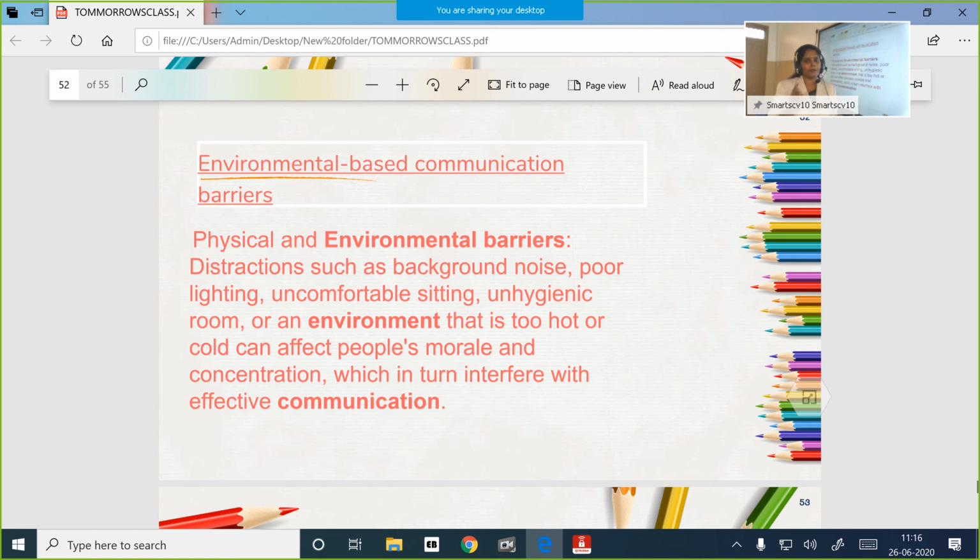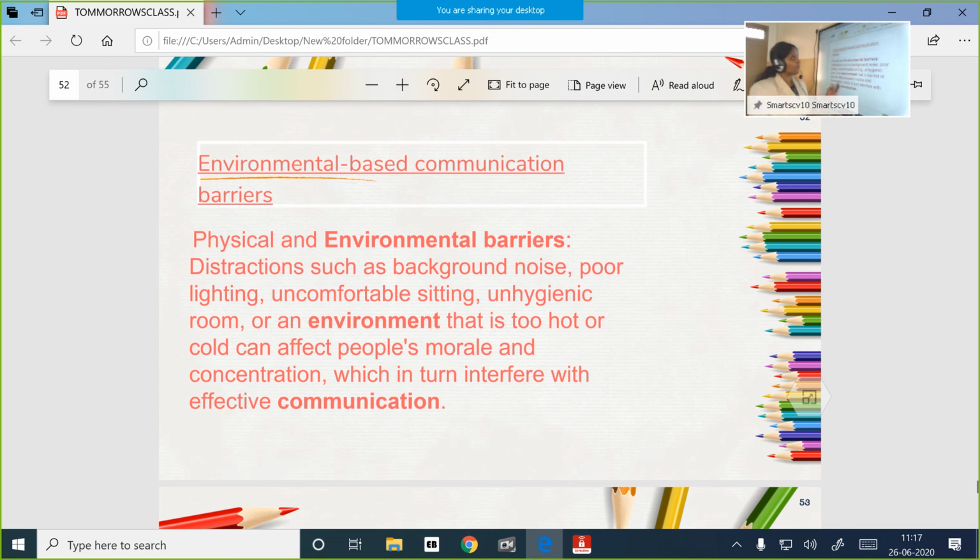Next one is the interpersonal communication barrier. That happens when we try to speak to two or more people, but we can't communicate. What is the hindrance? Maybe, as I told you, we are from different cultures, we have different vocabulary, we don't know how they respond. So this is the interpersonal communication barrier.